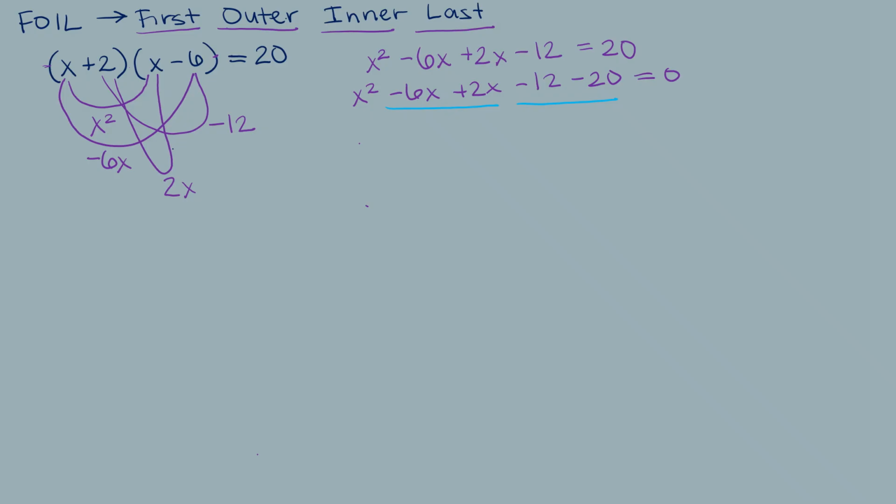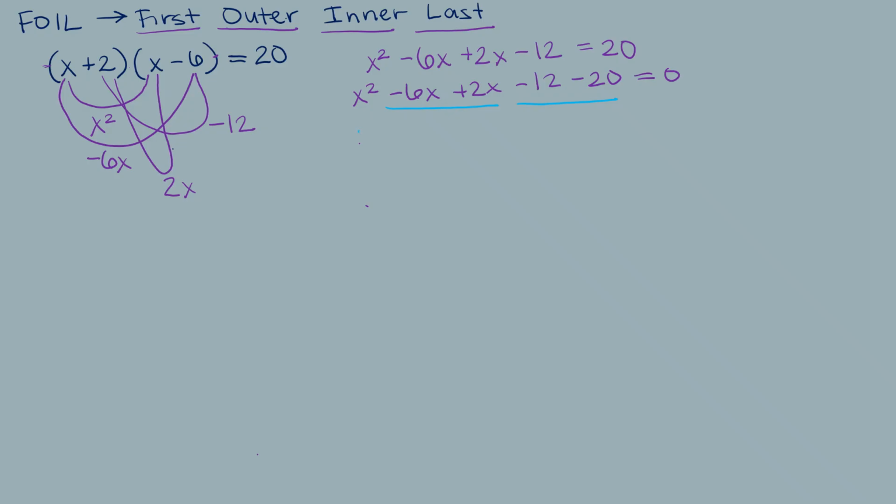It's a different notation on the x. And the negative 12 and negative 20 are both constants, which means they don't have a variable attached to them. So because these are like terms, you can just combine them so that it's simpler and easier to understand. They're kind of just grouped together.